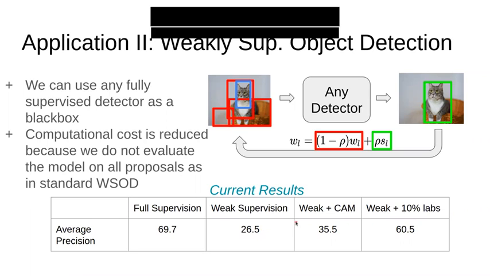But if we combine this weak supervision with another kind of approach that can also try to focus on the object of interest, I won't go into detail, but we go to 35. And again, if we use these weak annotations plus 10% of bounding boxes of fully annotated data, then we reach 60%.